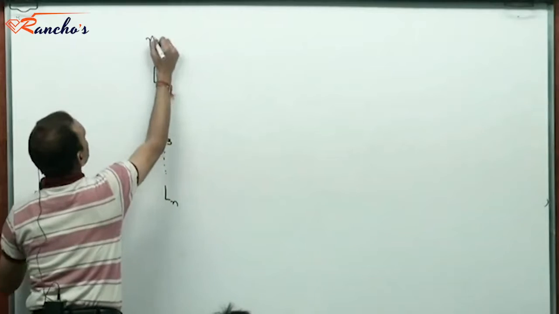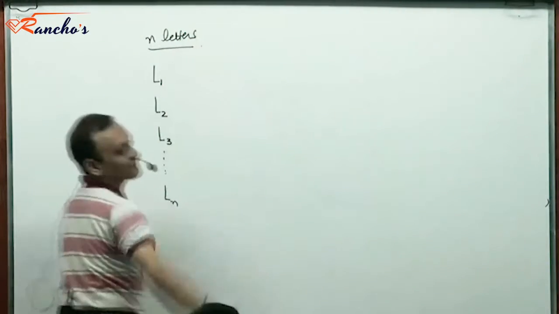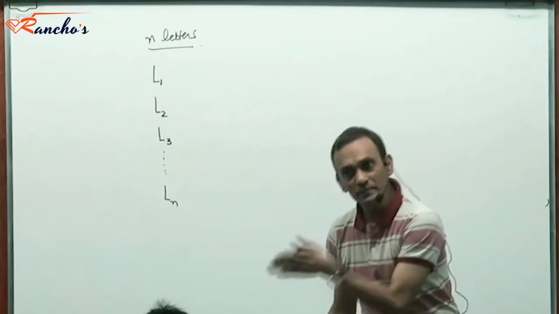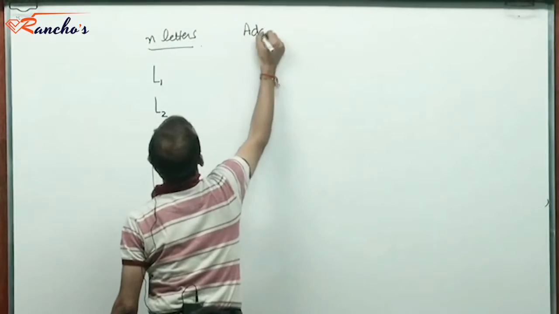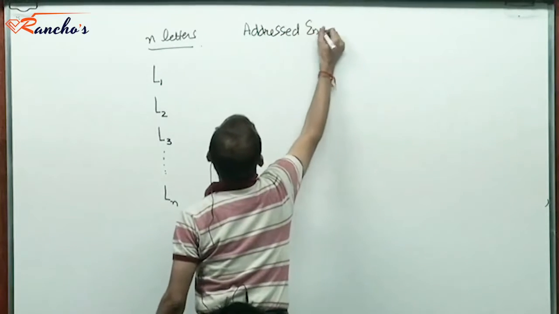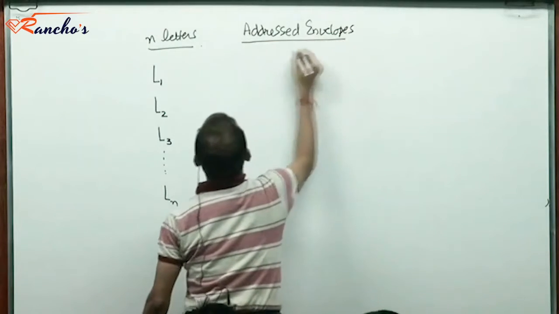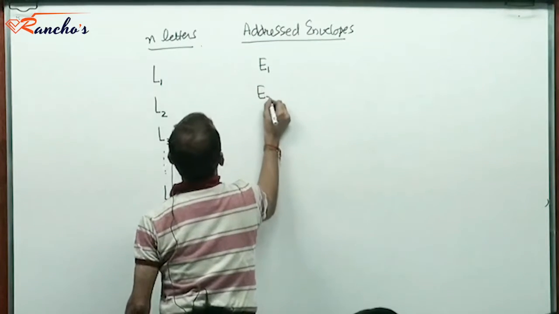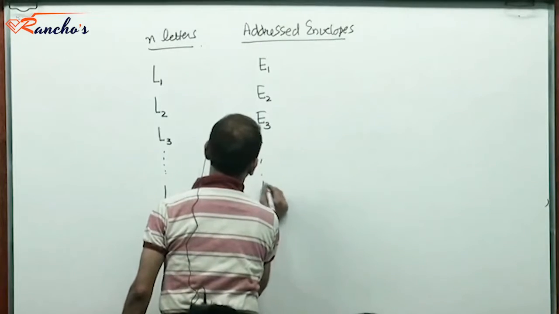These are the n letters, and their corresponding addressed envelopes are E1, E2, E3, En.